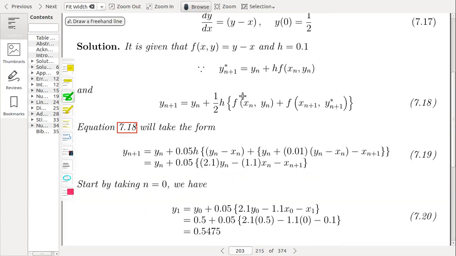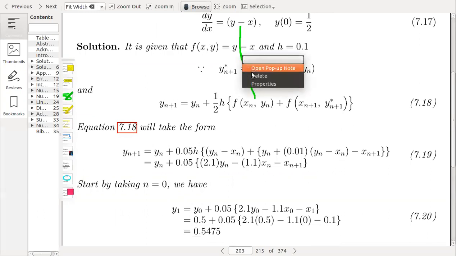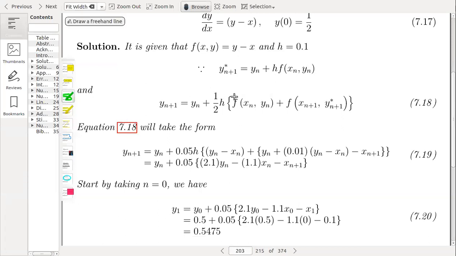So this value can be obtained from this function. So since f of x y is equal to y minus x, f of xn yn is equal to yn minus xn. So later we can replace this with yn minus xn.